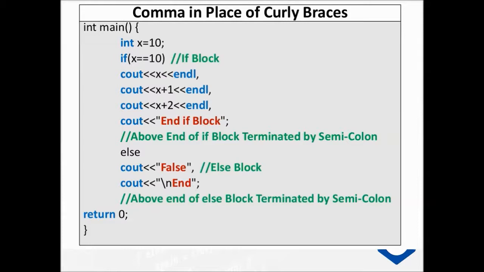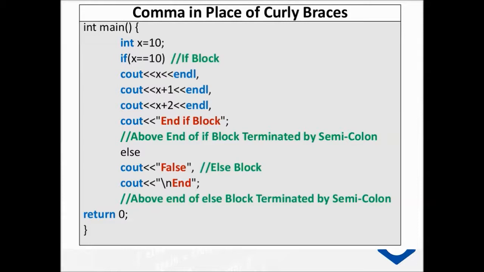If you do not want to use curly braces, then your statements must look like this. cout, then we want to display x. At the end of this line, instead of placing a semicolon, we end it with a comma.